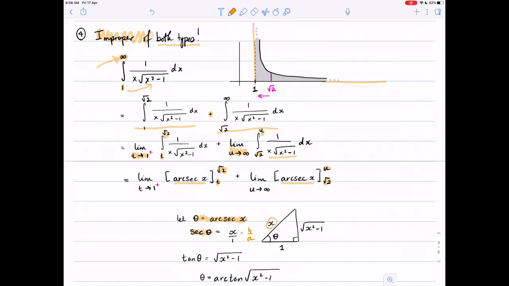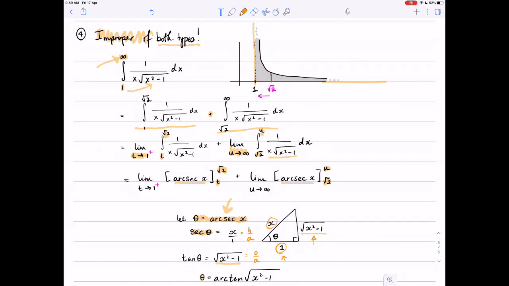So I have placed my x on the hypotenuse, my 1 on the adjacent, and that has given me the square root of x squared minus 1 on the opposite side. So the tangent is the opposite over the adjacent, which is the square root of x squared minus 1 over 1, or just the square root of x squared minus 1. That is the tangent of theta.